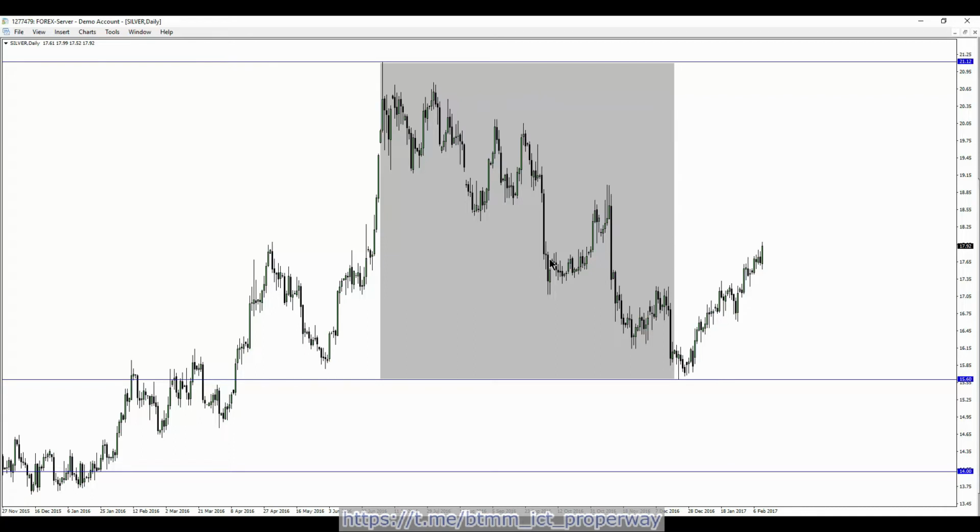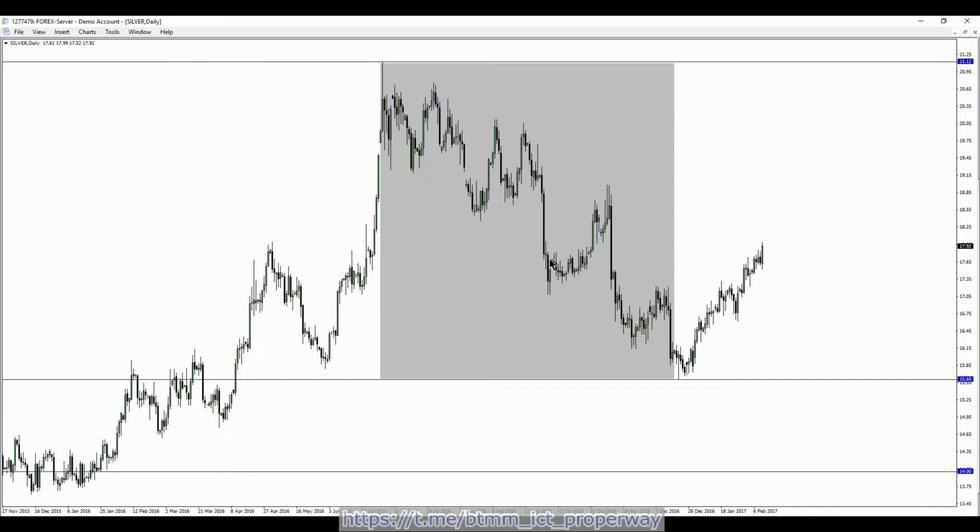You can be a buyer on this regardless of it being correcting lower. When the monthly is bullish and the weekly and daily are bearish, you're going to wait for your best opportunity to trade down into the monthly level.